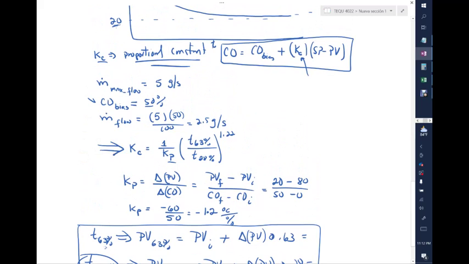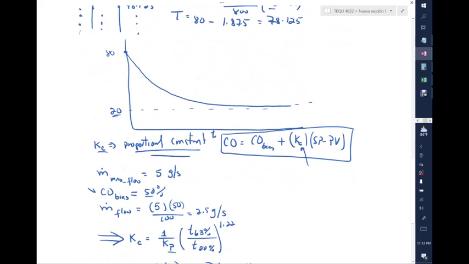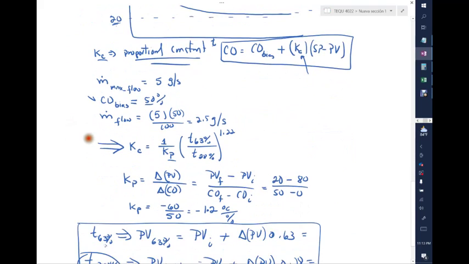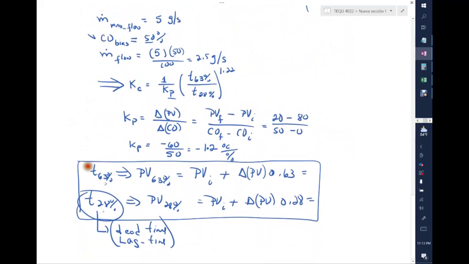Trying to run this manually is not fun, so we're going to do this in Excel. It's very straightforward, and we do the calculation for how to get the T63 and the T28, and finally get the Kc value.